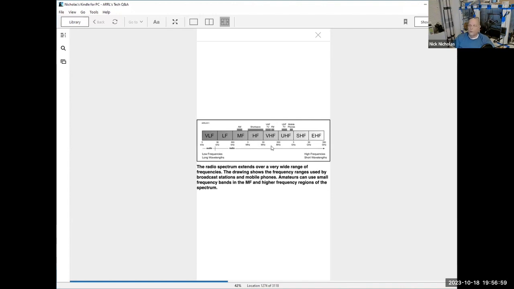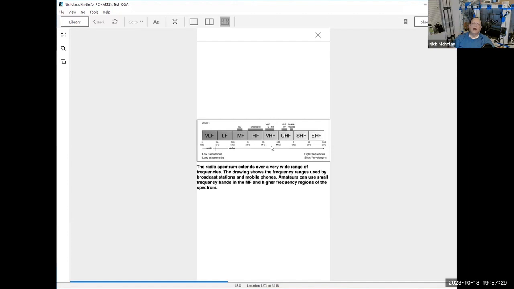HF is referred to as high frequency, and the reason is when radio started, that's as high as they could create. The technology didn't permit making anything higher. And so ham radio operators were told we could have everything above it. We actually were first given everything above 200 meters because they didn't know how to generate anything higher than that.